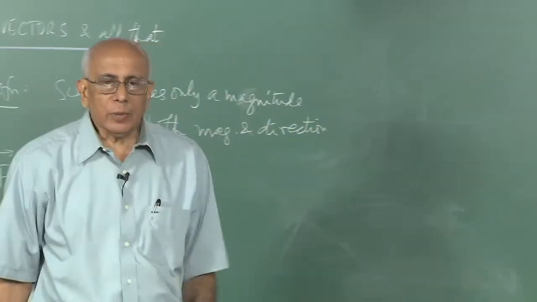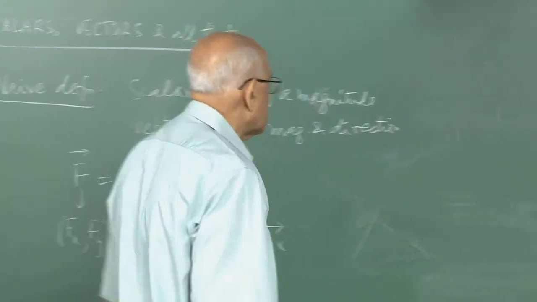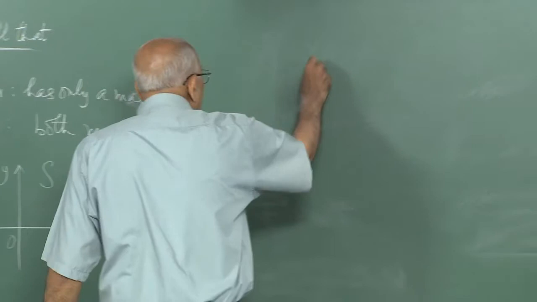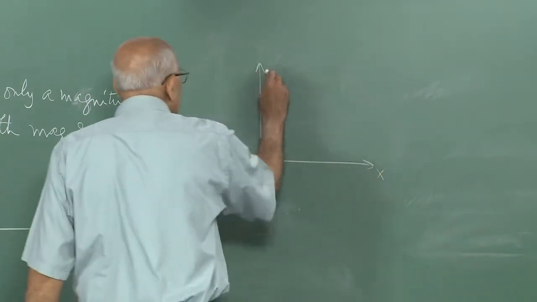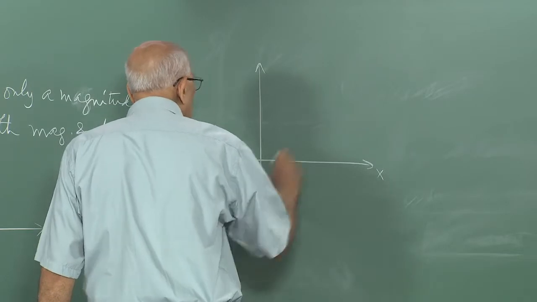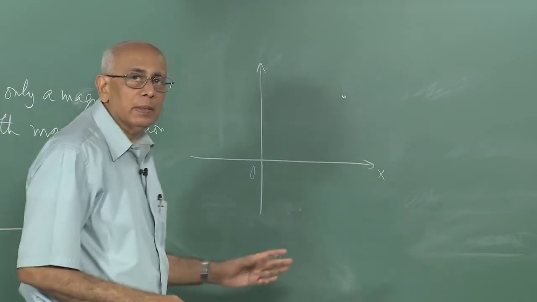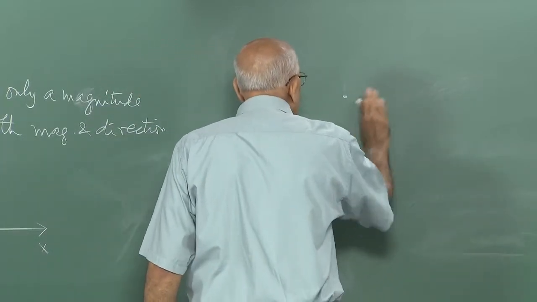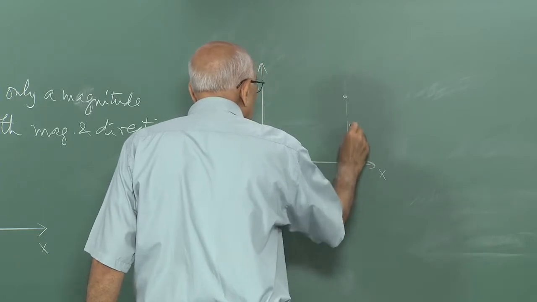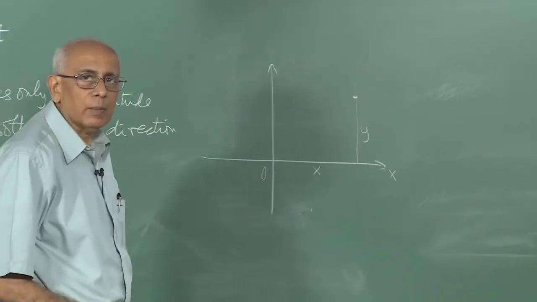So for the moment, let us pretend our world is two-dimensional, that we have just the blackboard as the world that we are talking about, and there is a coordinate axis here, x and y. Here is the origin, and you have an arbitrary point with coordinates x and y in the original frame S. So this quantity is y and this is x for an arbitrary point x comma y.